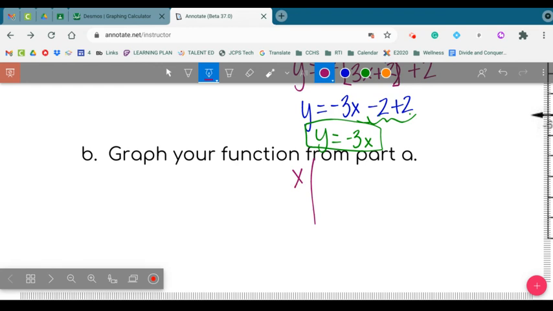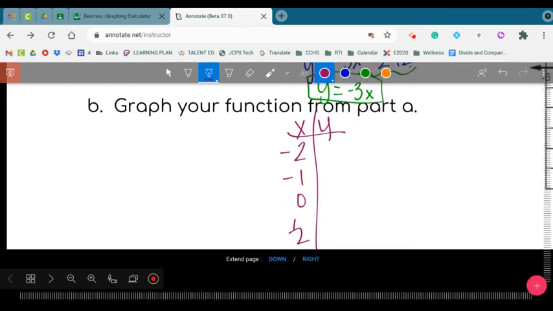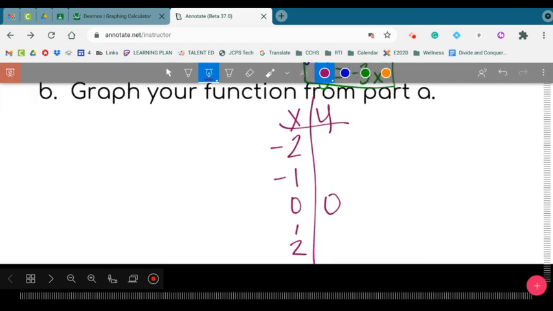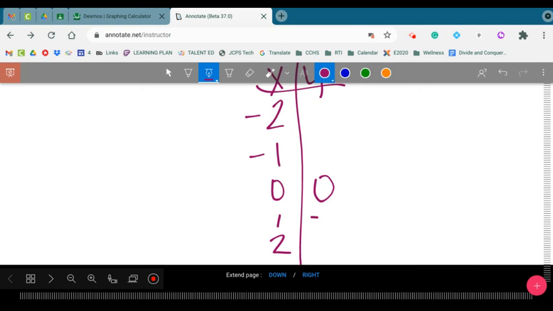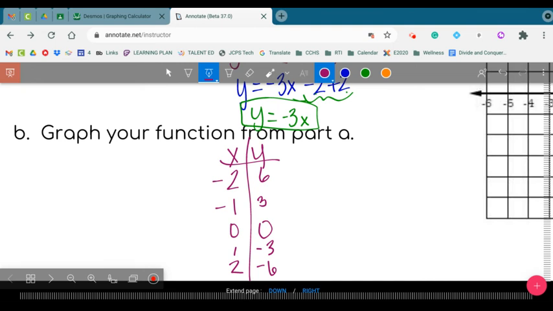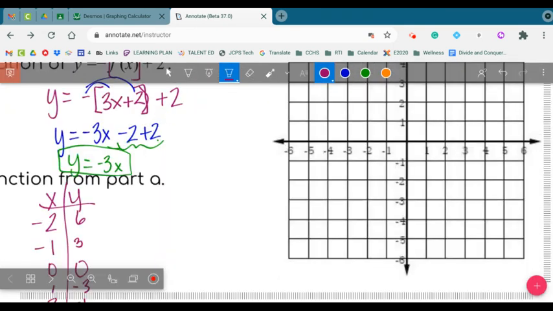So on my table, our y-intercept is 0. And it looks like we're going down 3 each time. So we're going to have -3, -6, and 3, and then 6. So then we're going to plot these points.